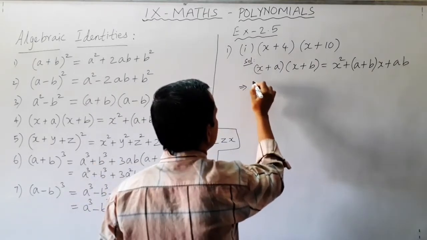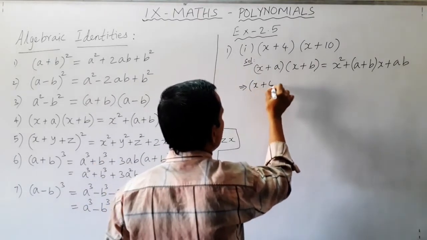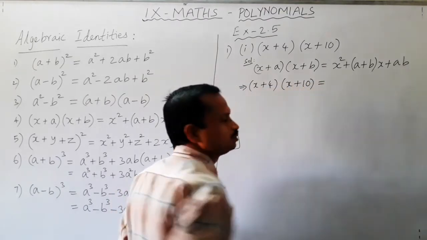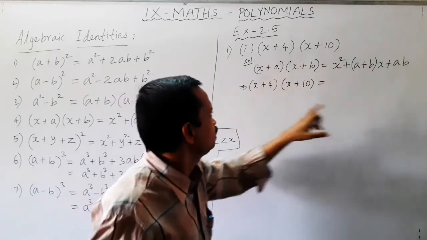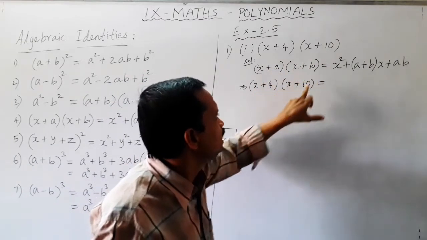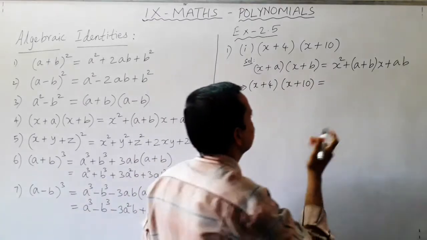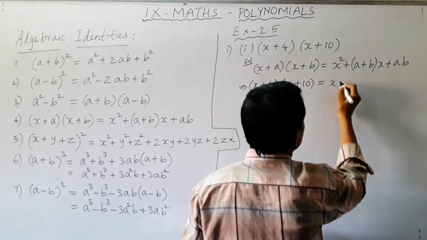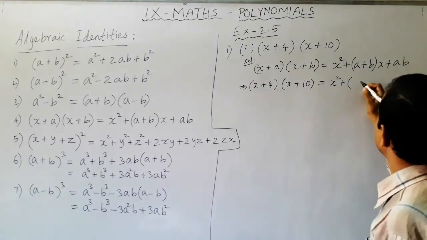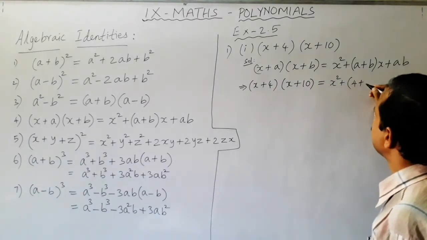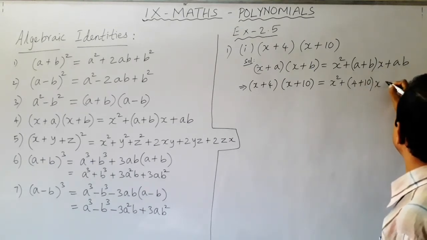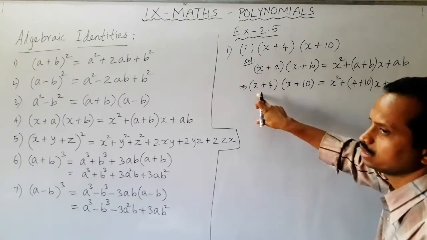So when we apply, write the question x plus 4 into x plus 10. Comparing the identity, x is same, but instead of a, 4, instead of b, 10. That's all. So you have to apply as it is, x square plus, instead of a you put 4 plus, instead of b 10, and x is x only, so no problem.